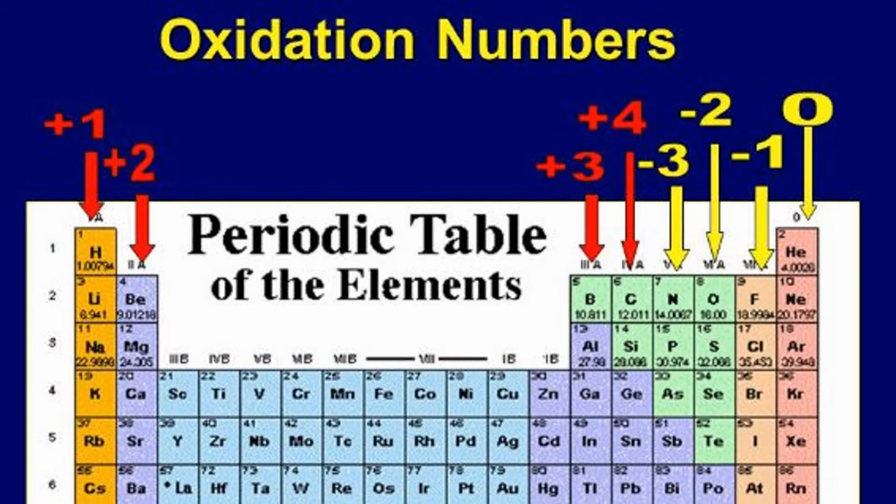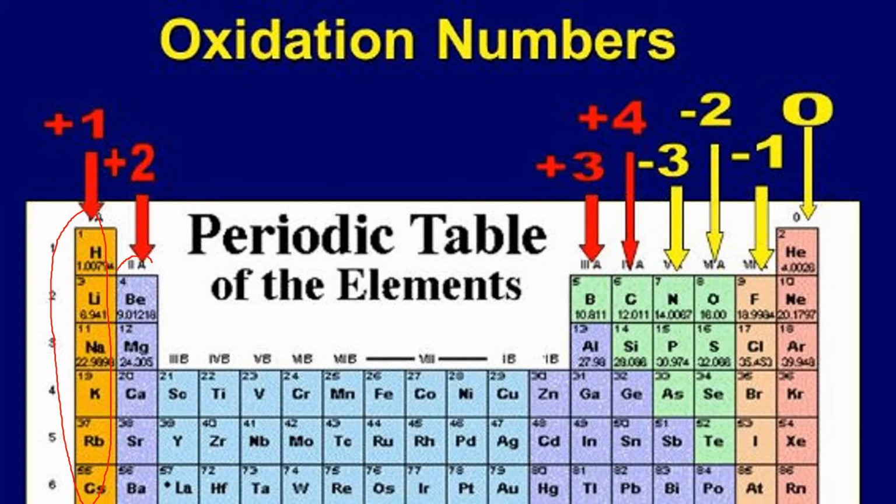The elements belonging to family 1 are considered to have a positive 1 oxidation number because this group of elements can lose 1 electron. So everything in family 1 has an oxidation number of positive 1. How about family 2A?